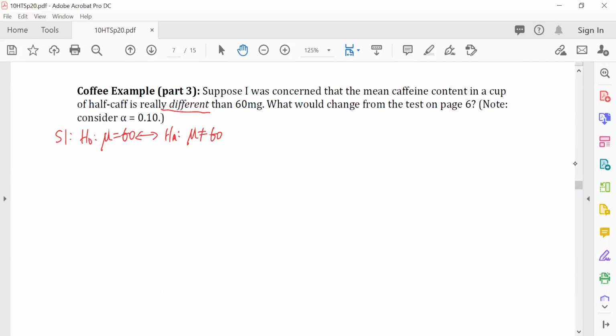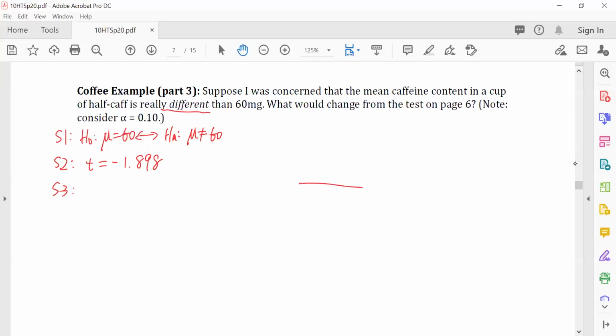So the alternative hypothesis is mu not equal to 60. The second step is the same. We are going to have the same test statistic. The third step is to find out the p-value.